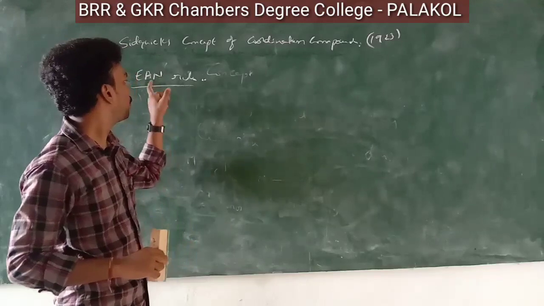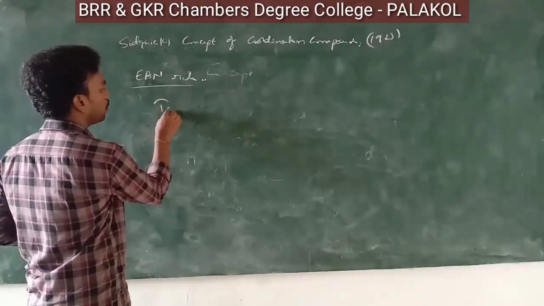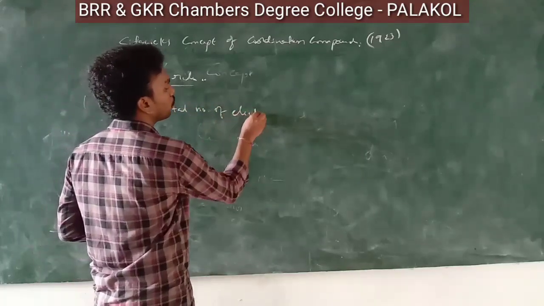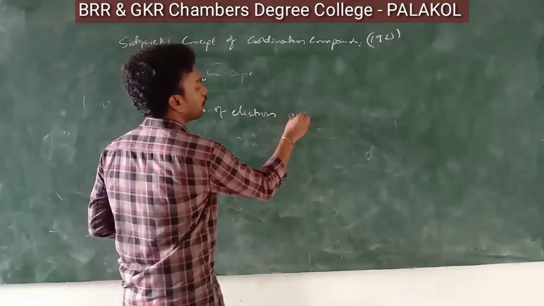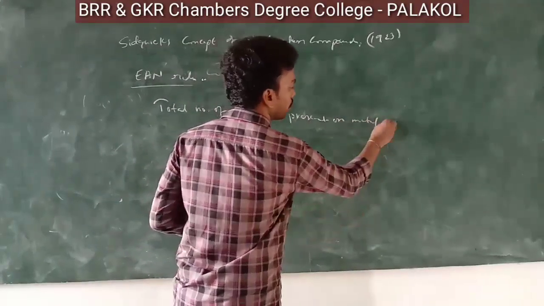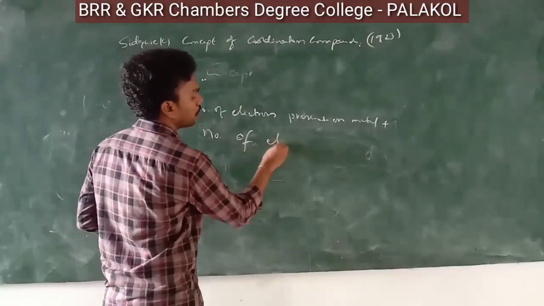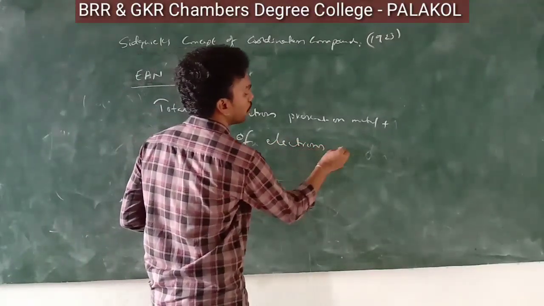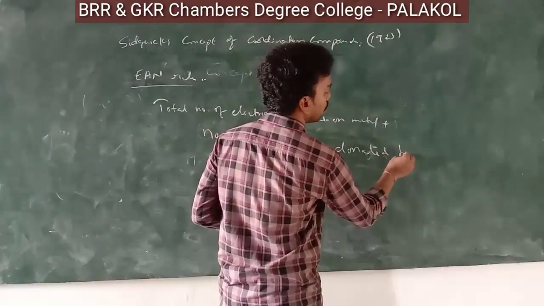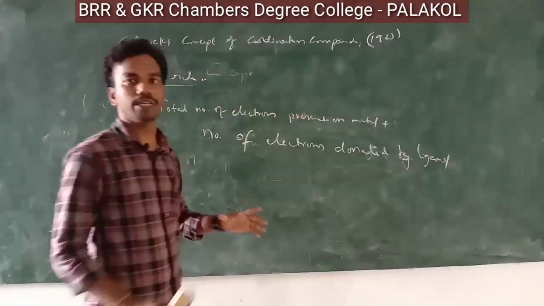What is the definition of EAN? It is the total number of electrons present on the metal plus the number of electrons donated by the ligands.